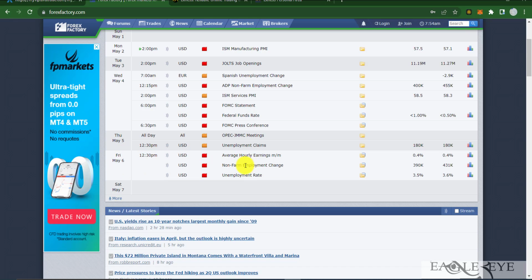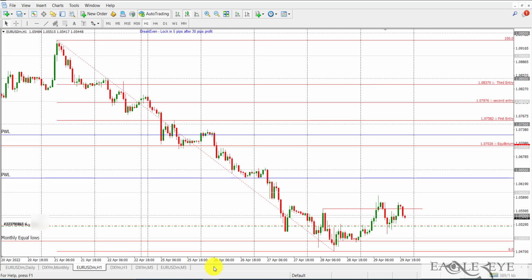The Friday NFP. So the coming week, the market is going to be agitated, with more volatility being injected into the markets. So that is my expectation for the coming week. So let's see what the market has to offer.